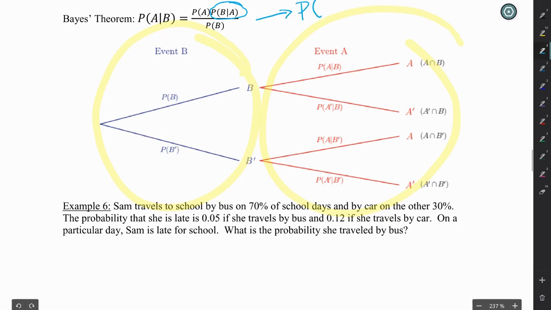So the probability of B given A is going to be equal to the probability of B times the probability of A given B over the probability of A. So we just have to switch all the letters to the opposite places. And so now it matches the tree diagram. And it makes a lot more sense if you can see this in a word problem.